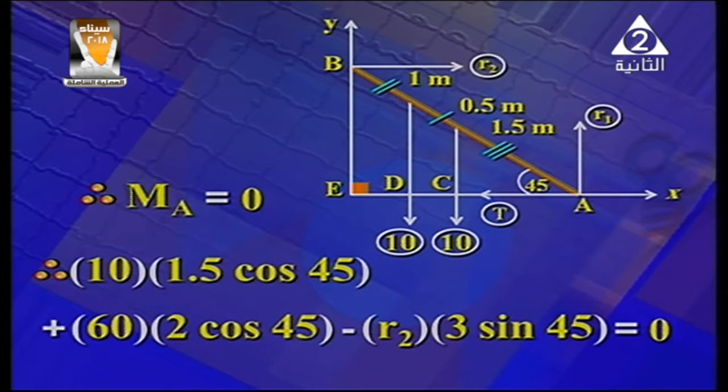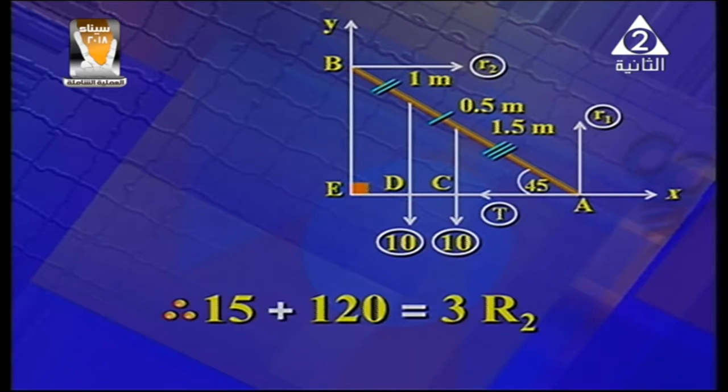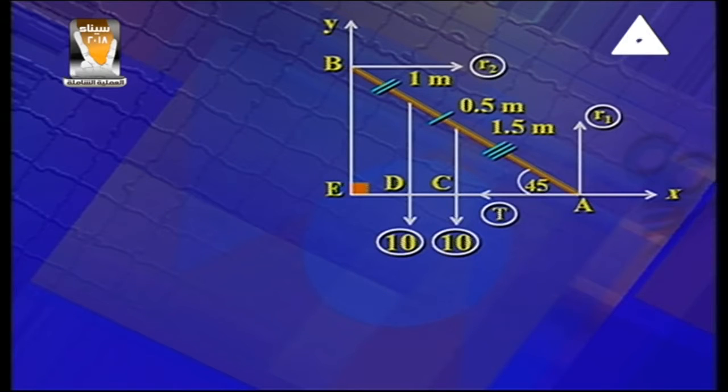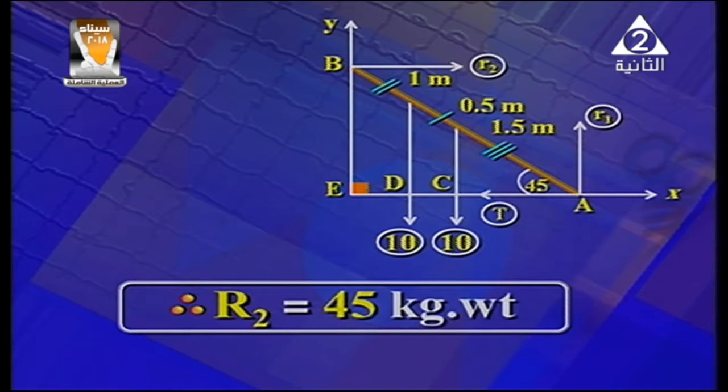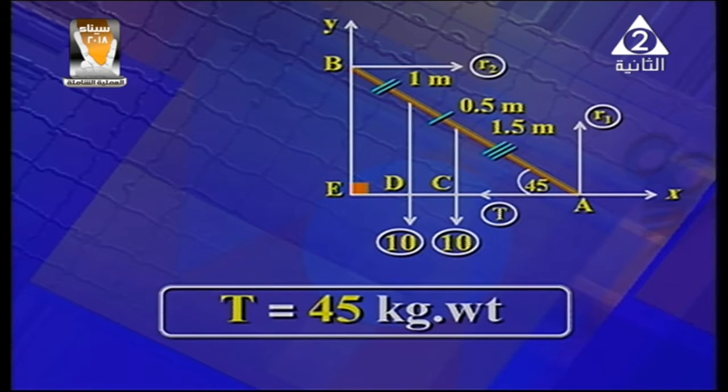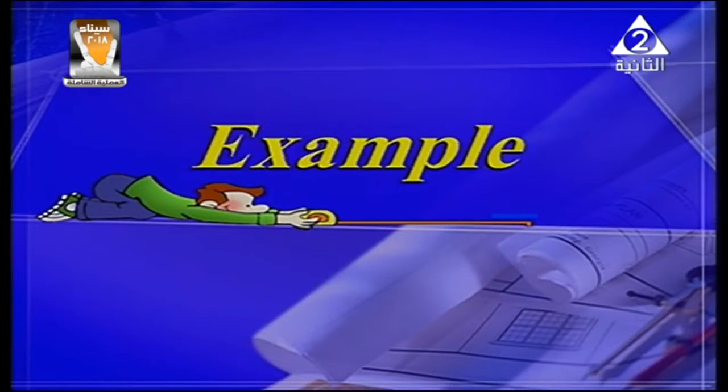Then the distance BE equals 3 sine 45, multiplied by R2. After that we deduce that R2 equals 45 kilogram weight. Then by substitution, T also equals 45.